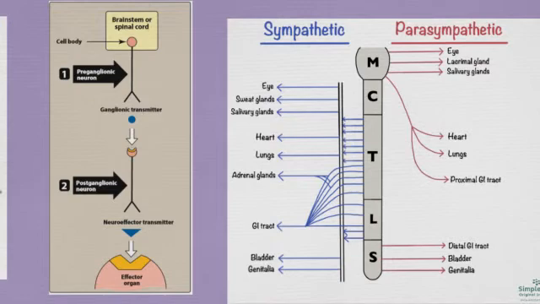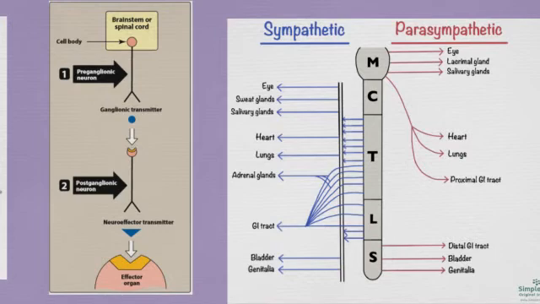You can see in this figure that the preganglionic neurons of the sympathetic system emerge from the thoracic and lumbar region, T1 to L2 of the spinal cord, and they synapse in two cord-like chains of ganglia.